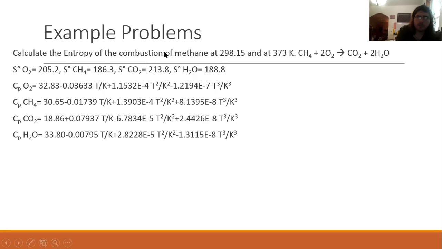This last problem is going to be just that. Okay, so let's start by calculating the entropy of this combustion of methane, first at 298.